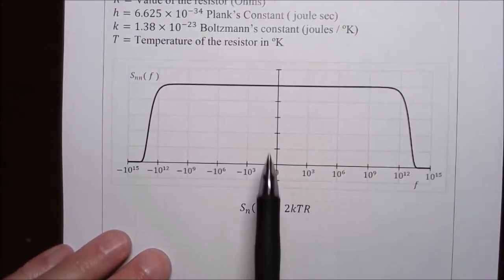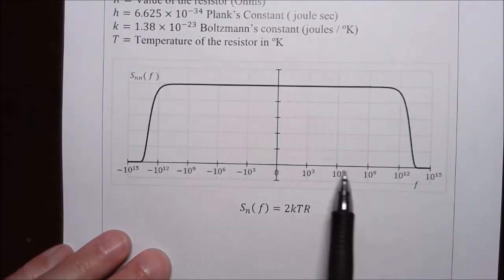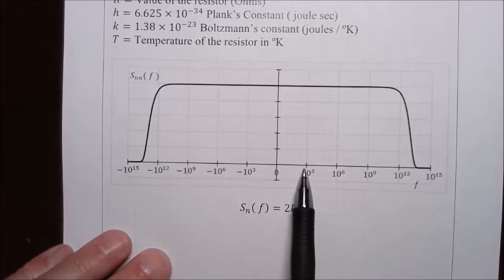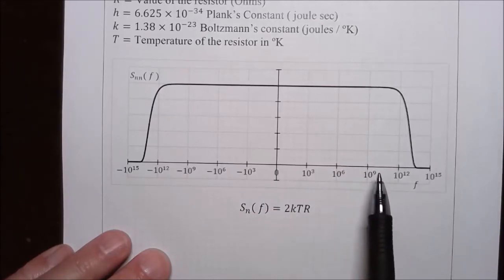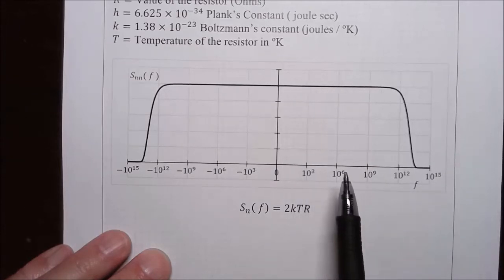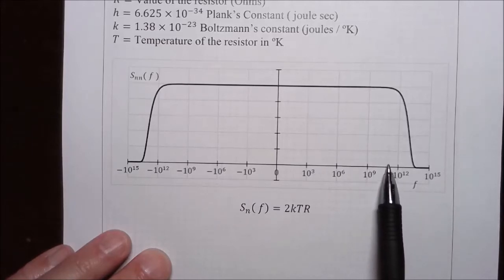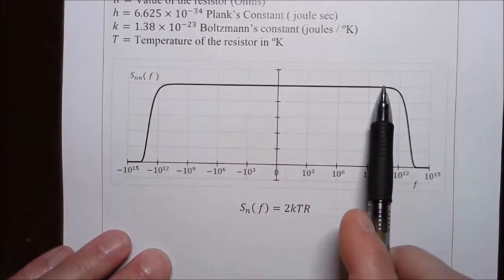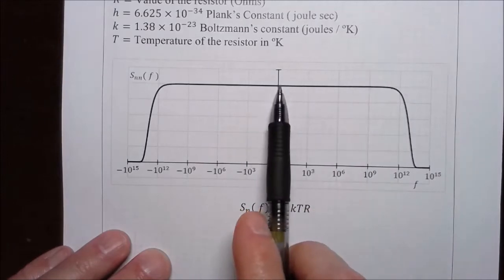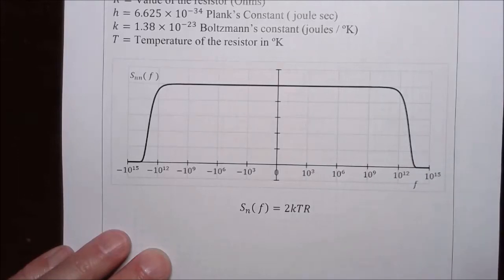But you'll notice that this power spectral density is very constant over a very wide range of frequencies. 0 hertz, kilohertz, megahertz, gigahertz. So up until, what is that, like 7 or 8, who knows, gigahertz, it's still showing relatively constant. Well, this range of frequencies is pretty much the range of frequencies you could build electronic circuits for.